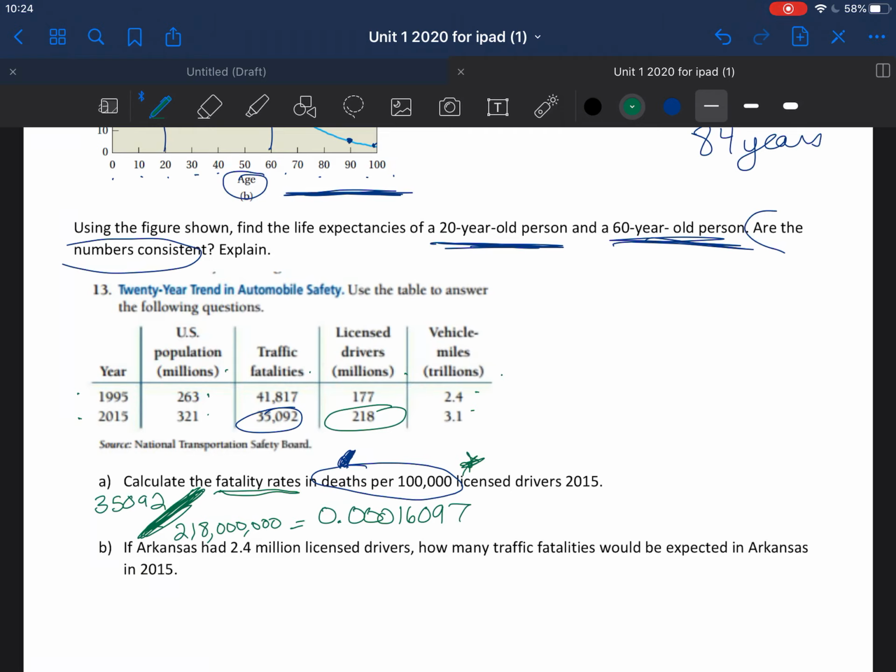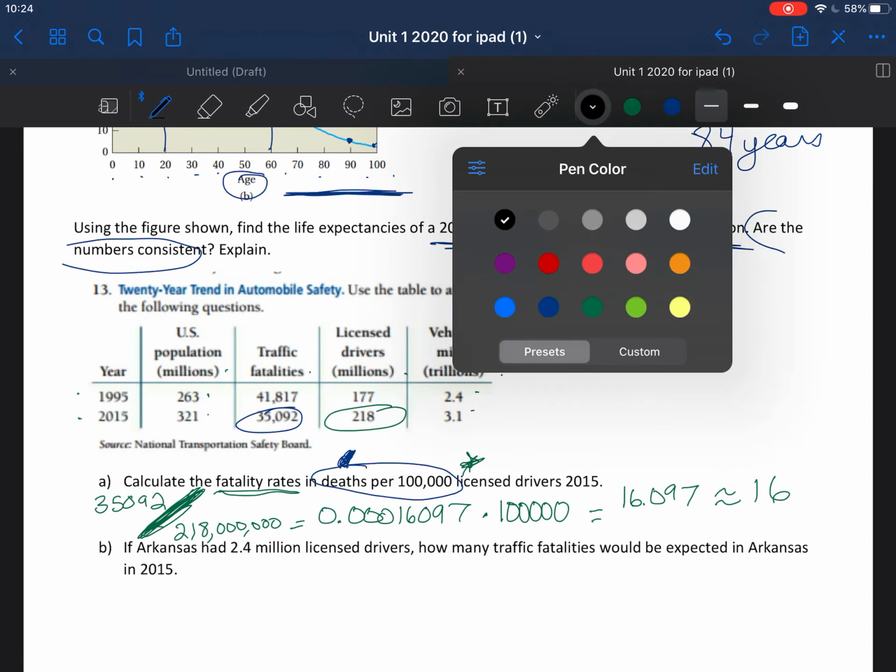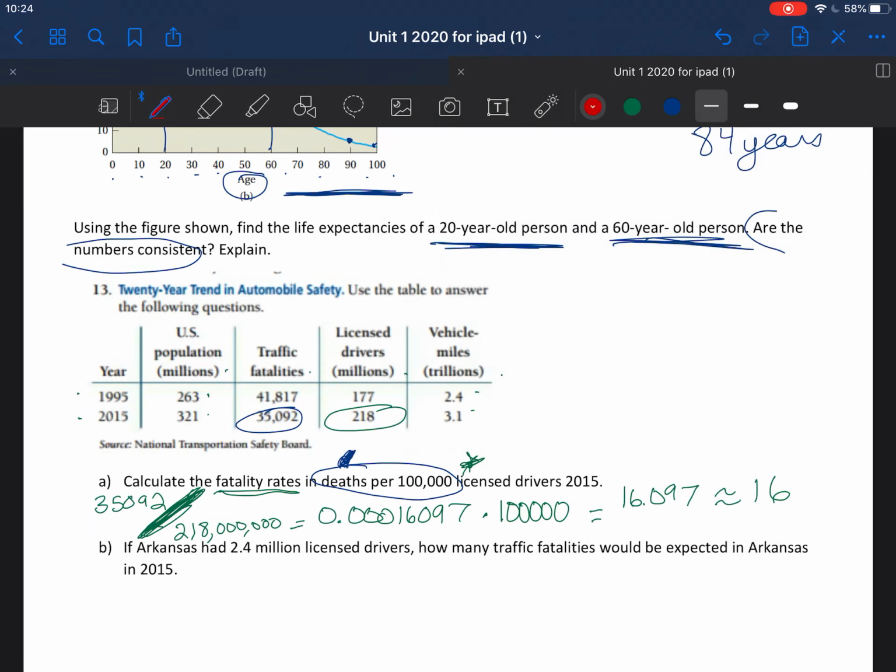So not everybody passes away in a car accident. That's great news. And then what we can do is take this number and multiply it by 100,000. We normally don't get to just multiply by whatever we want to, but here we can, and we get 16.097, which we would likely round to just 16. Why does this work? The implied thing going on here is that this is really 100,000 over 100,000.